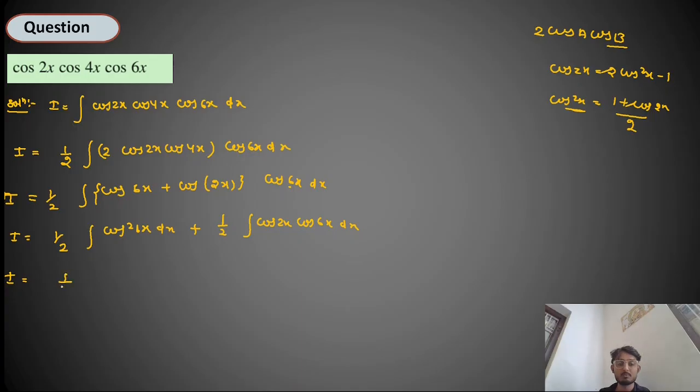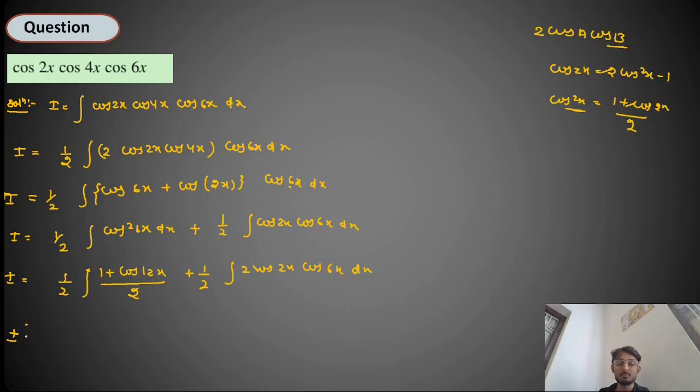1 by 2, (1 plus cos 12x) upon 2, and here you can multiply and divide by 2. So 1 by 2, 2 cos 2x cos 6x dx. You can also use the identity here, 2 cos a cos b.